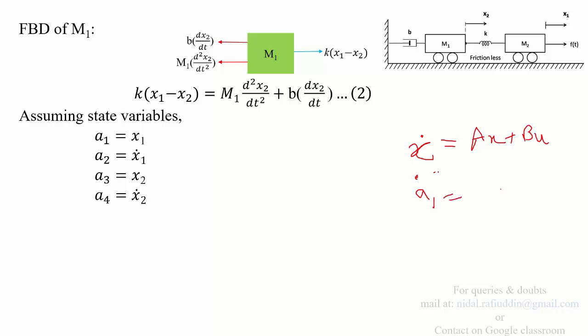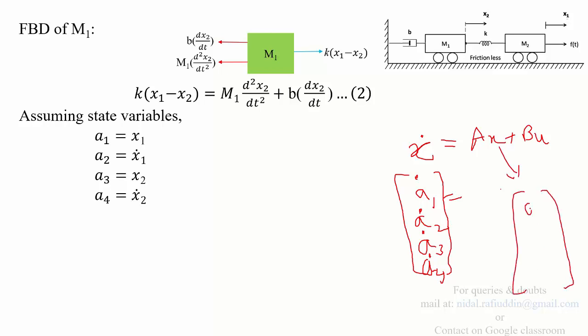So you have x dot, which is nothing but the vector formulation of the state change, like this. This will be x dot. And again for x you will have the same matrices without the derivatives. So this will become a1, a2, a3, a4. And again I repeat, you will have to mind the order for this vector.